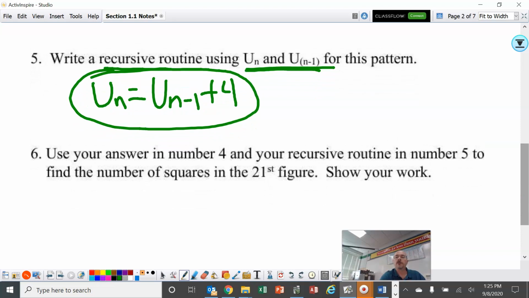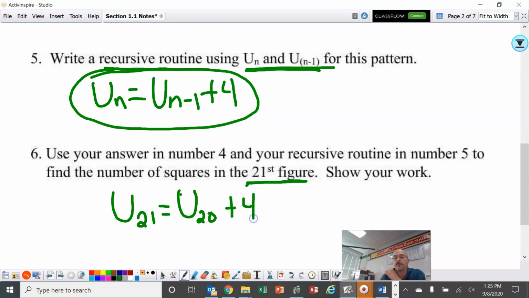All right, so in this question, it's asking me, find the number of squares in the 21st figure. Well, that means I'm going to take the number that's in the 20th figure. U sub 20 means the number that's in the 20th spot, and I'm going to add 4 to it.